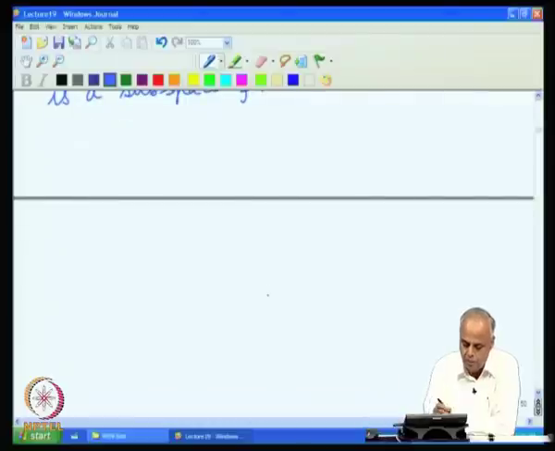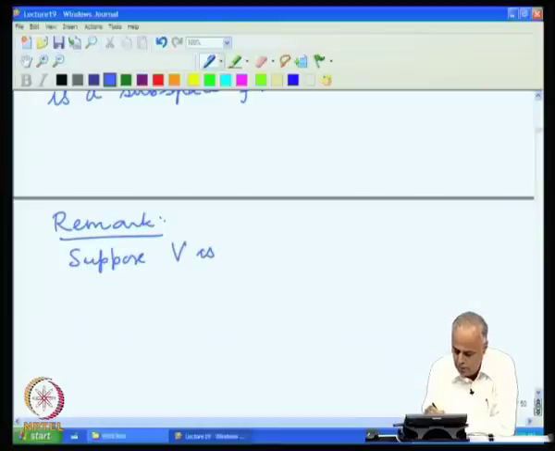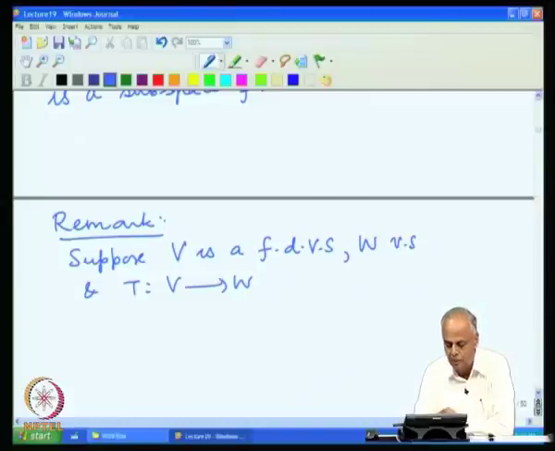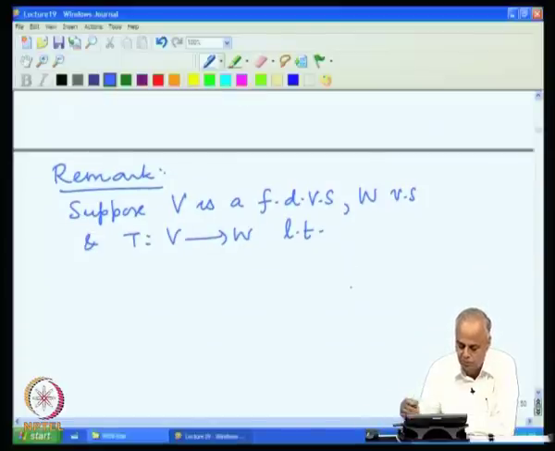Shall make one simple observation. Suppose V is a finite dimensional vector space and T maps V to W, and W is a vector space. We do not know whether it is finite or infinite dimensional space. So, it is some vector space, and T mapping V to W is a linear transformation.